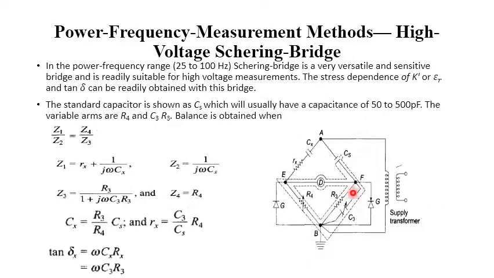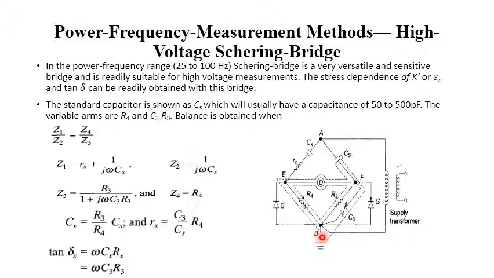In this bridge, the main source of error is the ground capacitance of the low voltage terminal of the high voltage arm, that is the stray capacitance from E to F to the ground. This can be eliminated by proper shielding of the low voltage arm, using doubly shielded connections, and using Wagner earthing devices.